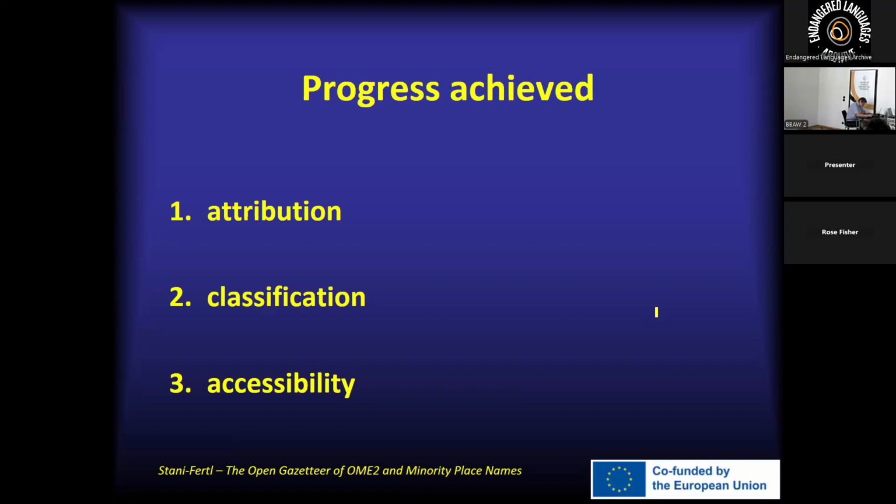First, minority toponyms are linked to the official forms, linking them with all geographical attributes of the standardized endonym, such as precise spatial location in the form of geographical coordinates and feature category. Second, all names are categorized as either endonym or exonym and classified according to their status.